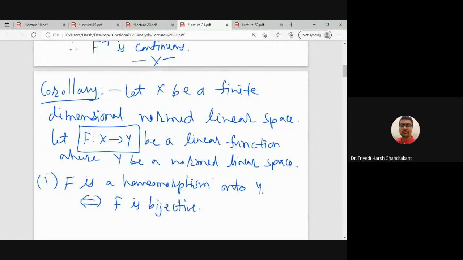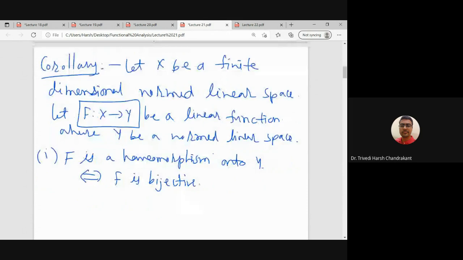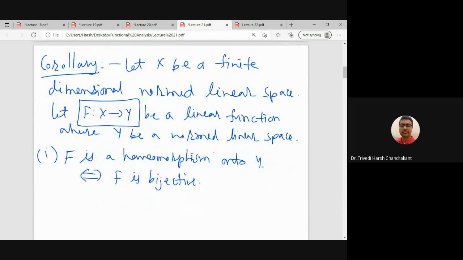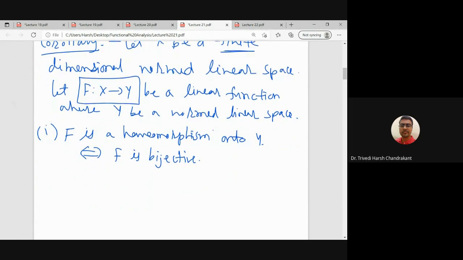So what this result says is that if we take any linear function which is bijective, bijective means 1-1 and onto, then f is also continuous and inverse is also continuous, provided X is finite dimensional. We'll prove this result.